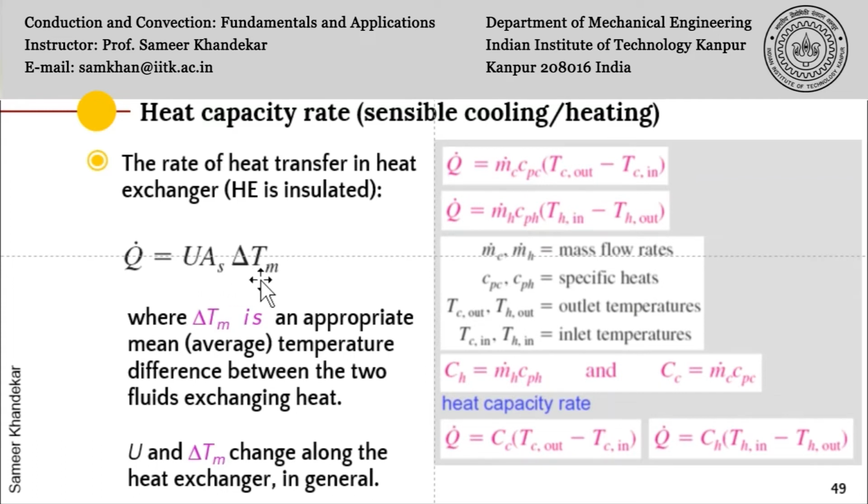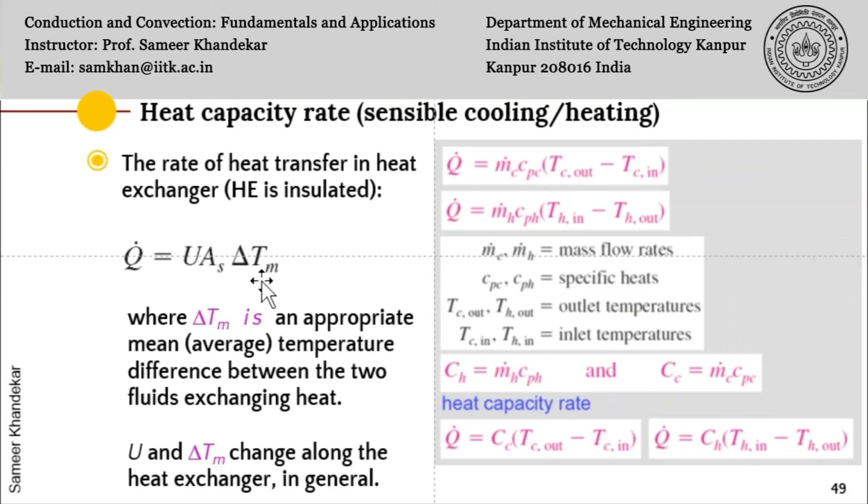So delta Tm is the appropriate mean temperature which is applicable throughout the heat exchanger. And we have seen earlier that it is the logarithmic mean temperature which is the true indicator of the mean temperature, because as you are aware, the temperature difference actually changes in a typical heat exchanger as the fluid flows.